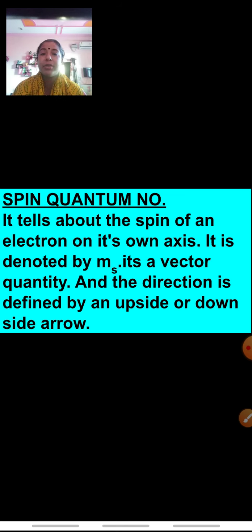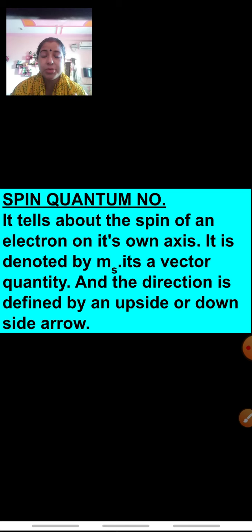The planets are revolving around the sun and at the same time they are spinning on their own axis. Similarly, the electrons also spin on their own axis, and they can spin either left to right or right to left, clockwise or anti-clockwise.